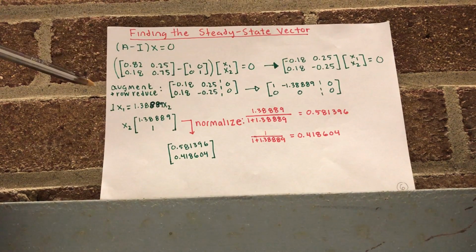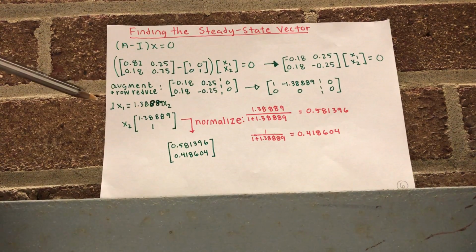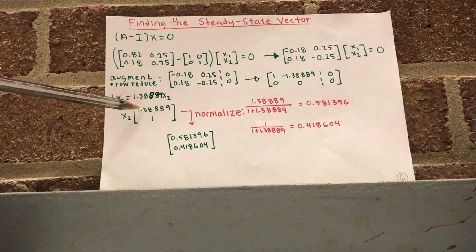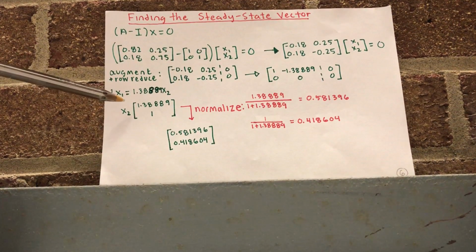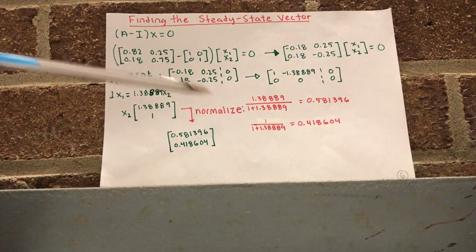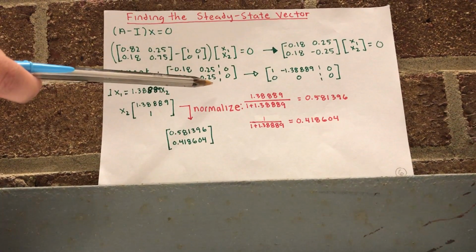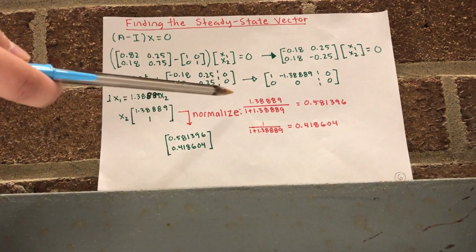So you would need to augment and row reduce to find the x components, which comes out to being 1.38 and 1. However, because the column does not add up to 1, you would have to normalize the components, which is done by dividing the component by the summation of all components.